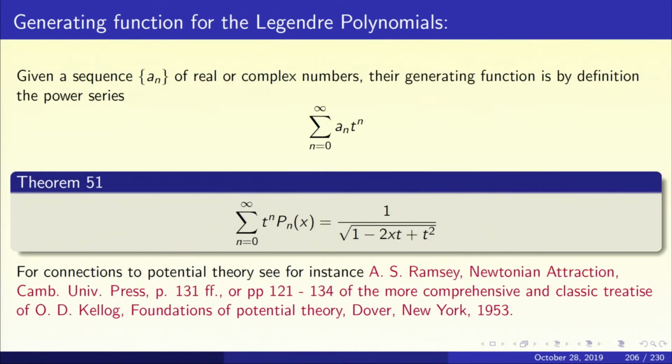Next comes the generating function for the Legendre polynomials. Remember that in the earlier modules we have found the generating function for the Bessel functions. In module 1 we derived the generating function, we derived Schlomilch's formula.